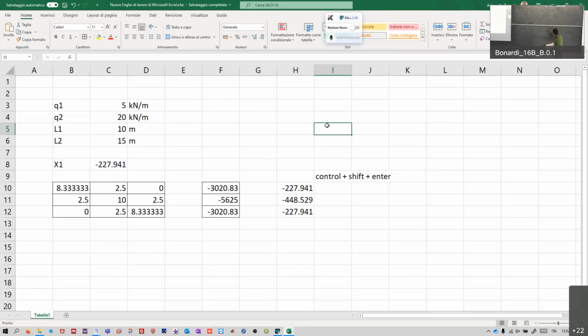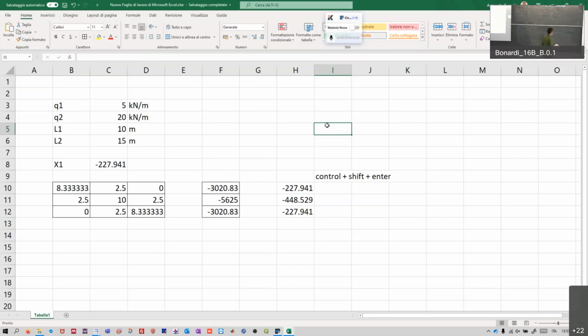So MAC on the generic section X is equal to VA times X minus Q1 times X over 2, because Q1 times X is the force, it is applied at the mid span of the generic X. So again, it is not linear, it is quadratic, because here we have X to the power of 2.